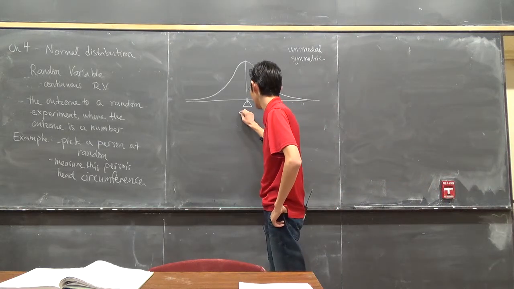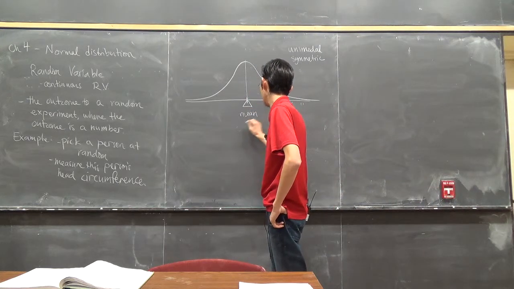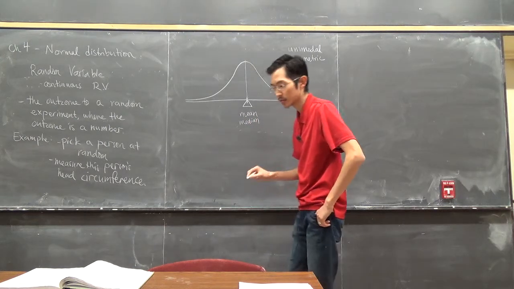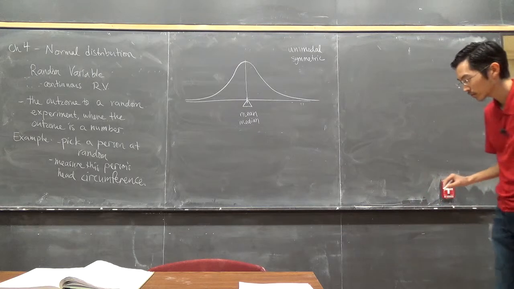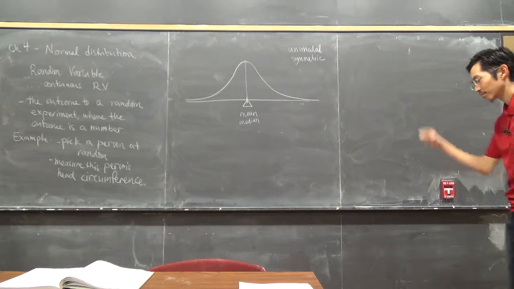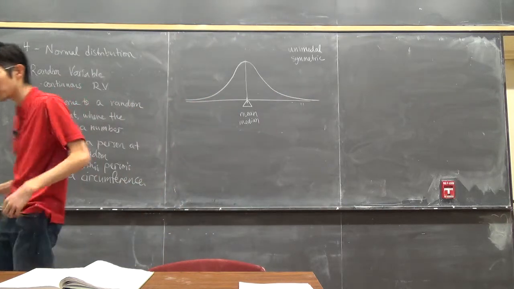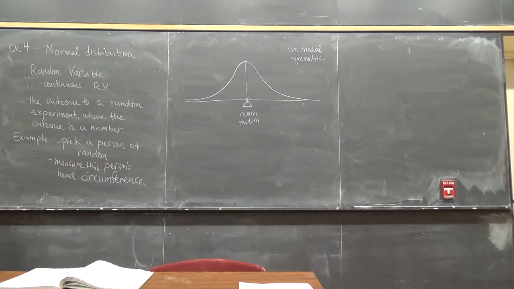So this point right here is both the mean and the median, okay? We often prefer to use the mean, but for normal distributions, the mean and the median are equivalent.